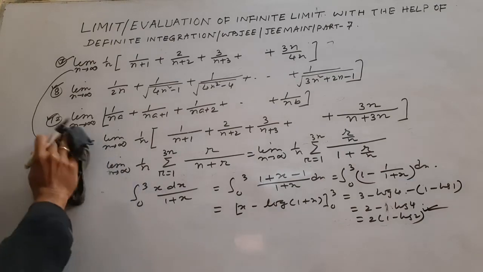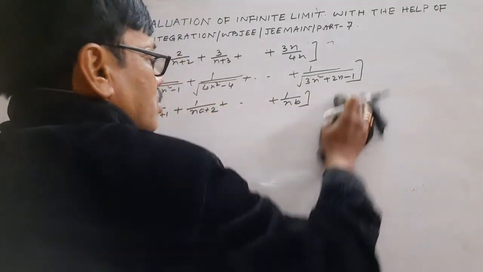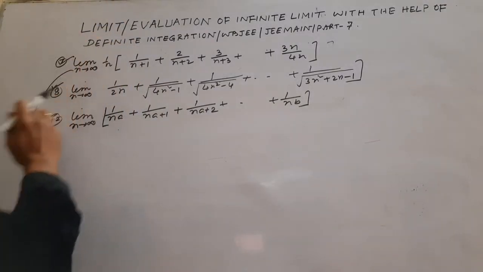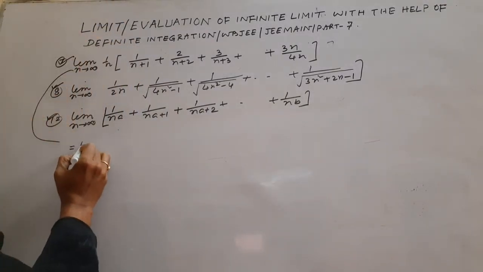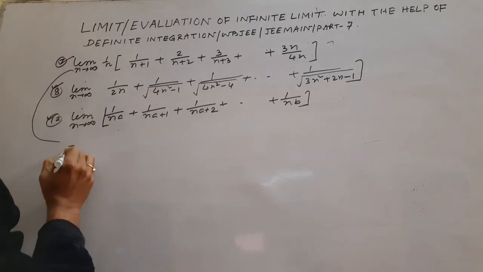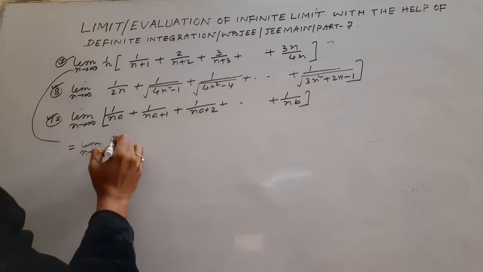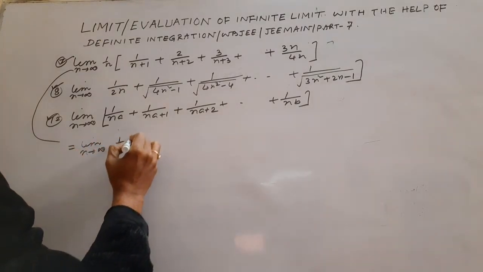Next, problem number 12. This and these are the same type. So limit n tends to infinity. 1 by n is not coming.